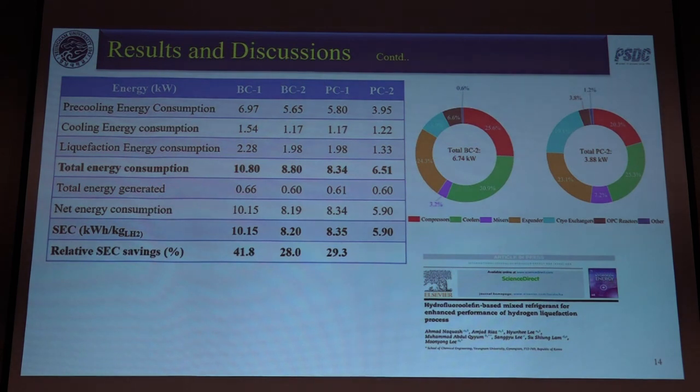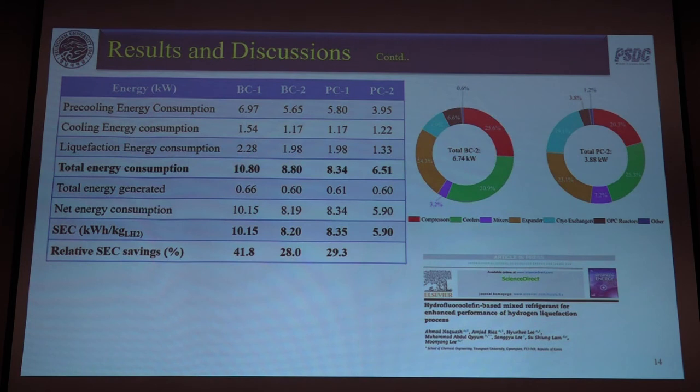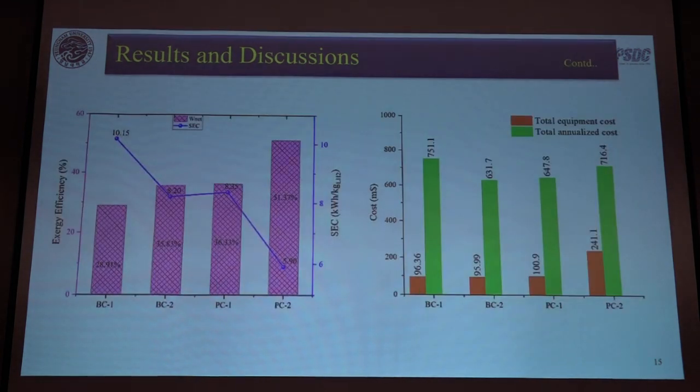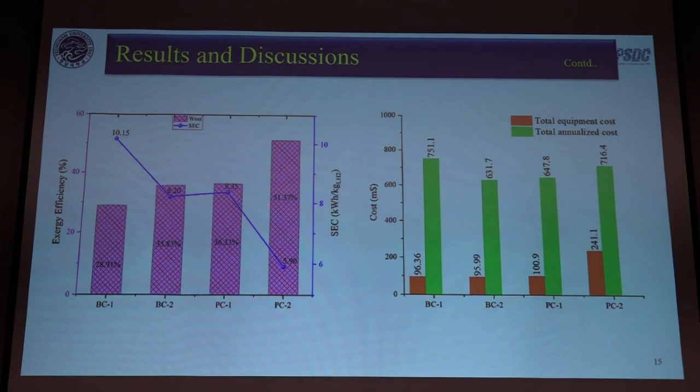The overall energy savings are roughly around 42%. This study has already been published in the International Journal of Hydrogen Energy. And these are some of the statistics for the energy and exergy efficiency, which is highest, 51%, in the case of our proposed case.